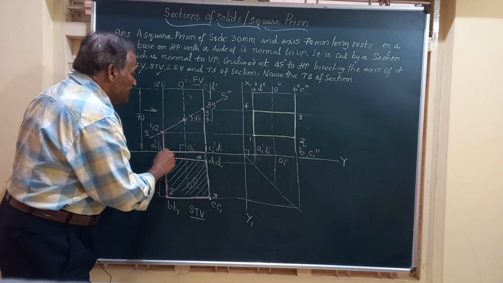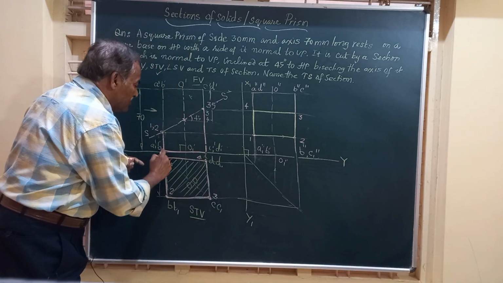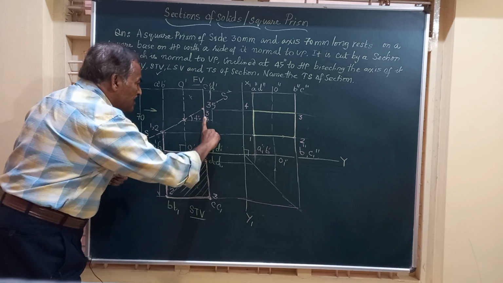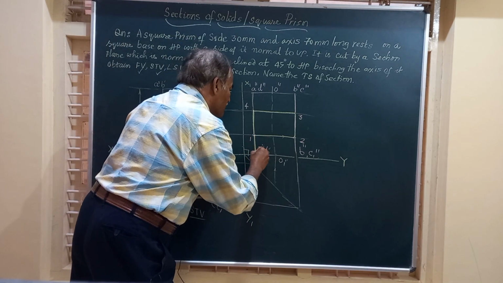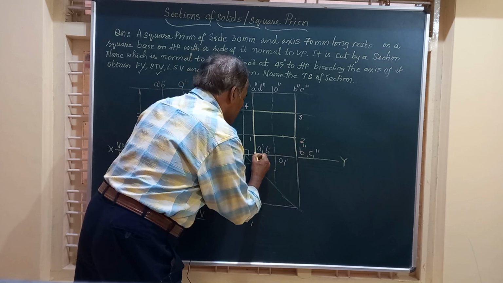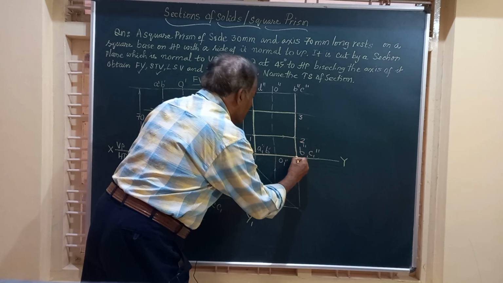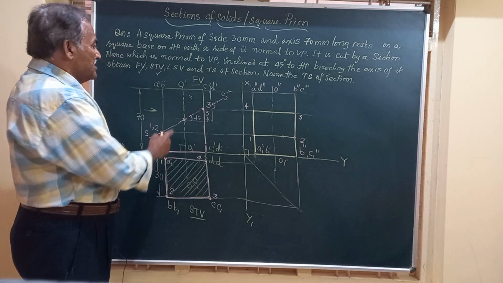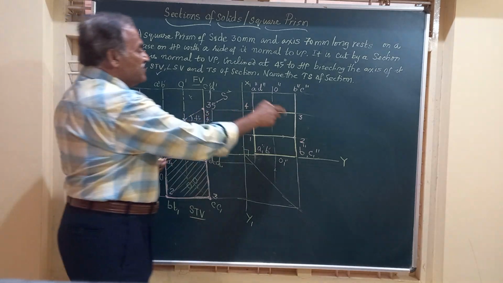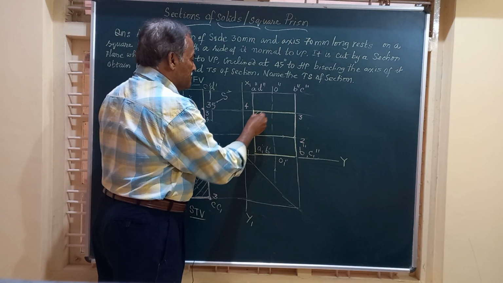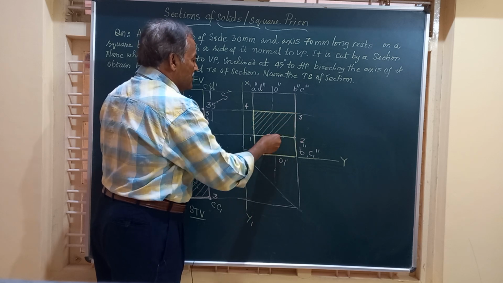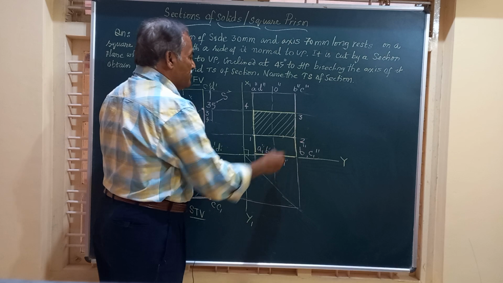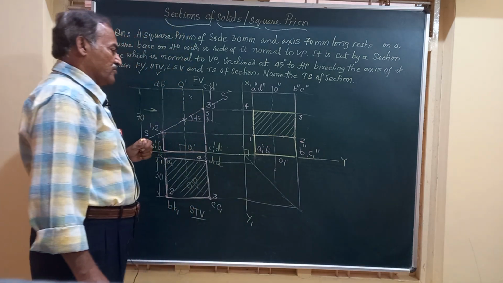And friends, below the section plane, all the base is retained. This much of height is also retained. So I am going to extend these lines and mark the end view. Friends, the portion 1, 2, 3, 4 is to be hatched. So I am going to show the sectioning for the portion 1, 2, 3, 4.